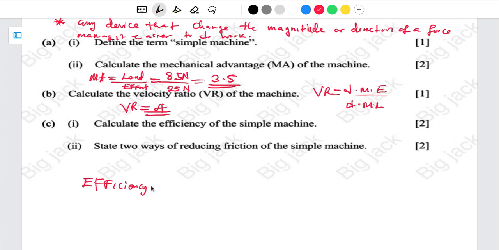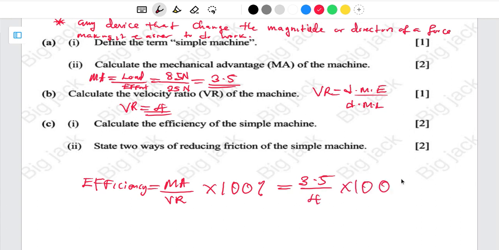So efficiency is equal to MA, which is mechanical advantage, divided by VR, which is the velocity ratio, then multiplied by 100%. For MA we have 3.5, the velocity ratio is 4, then multiplied by 100%. When I multiply here, I'm going to get 85%.